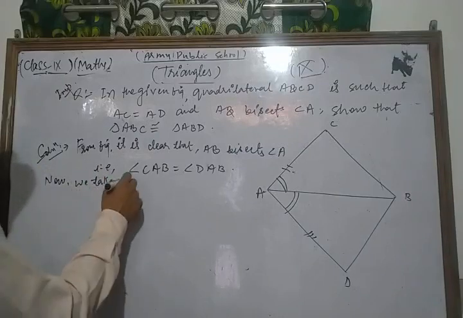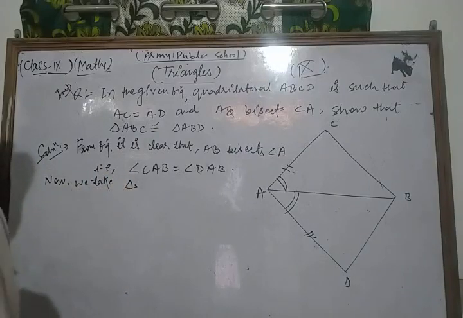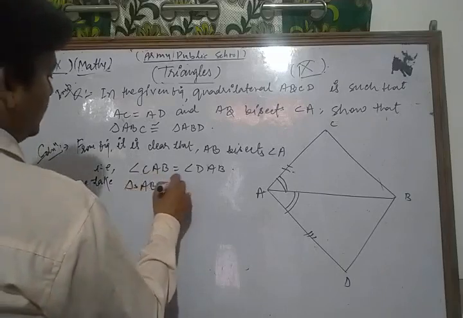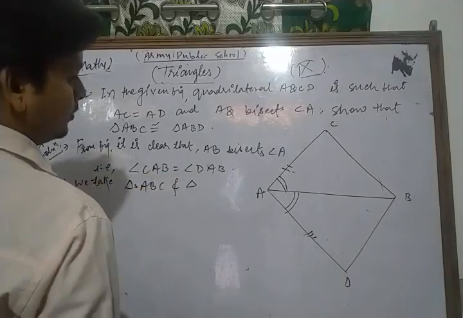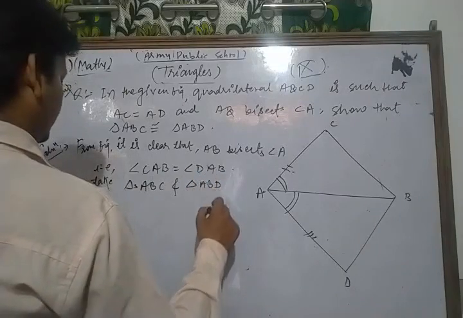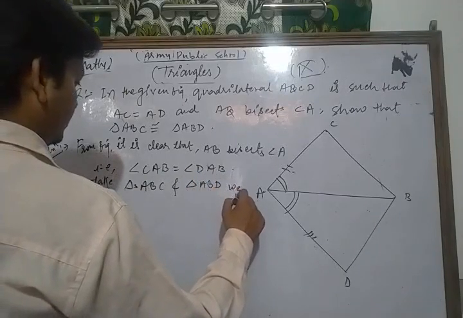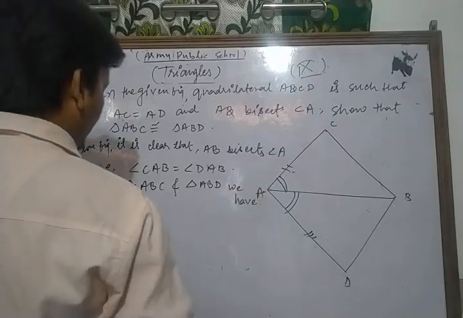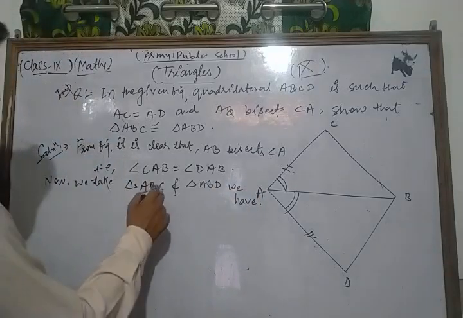We take triangles ABC and ABD. What do we have?